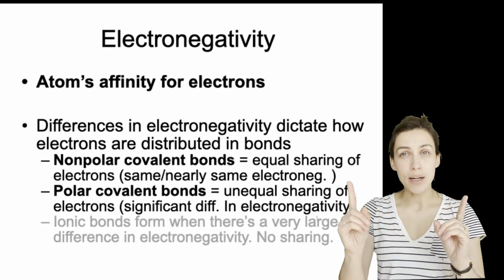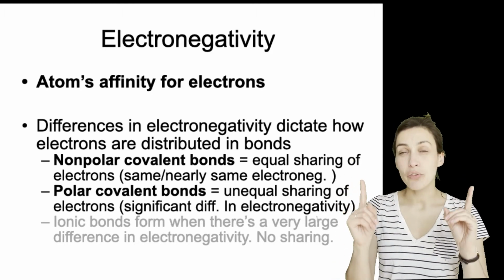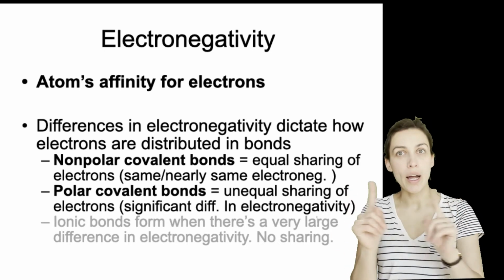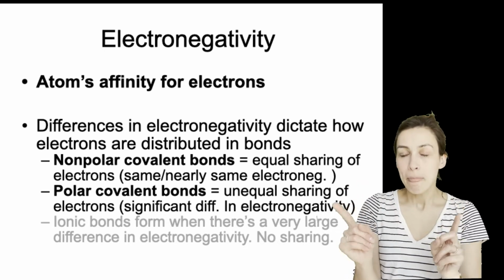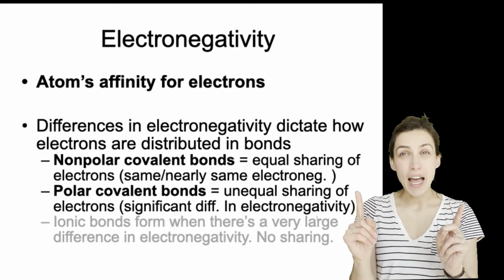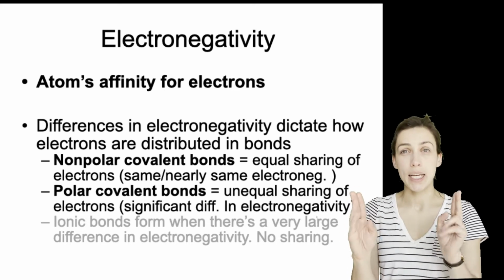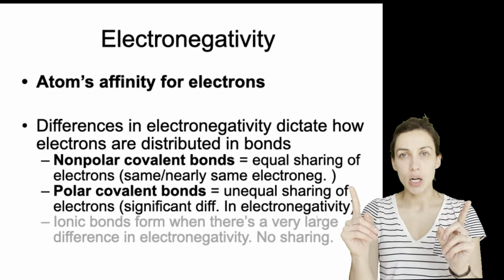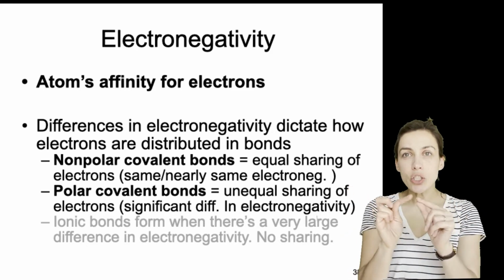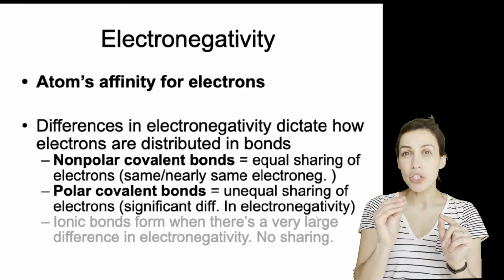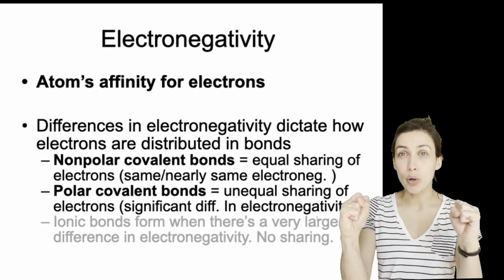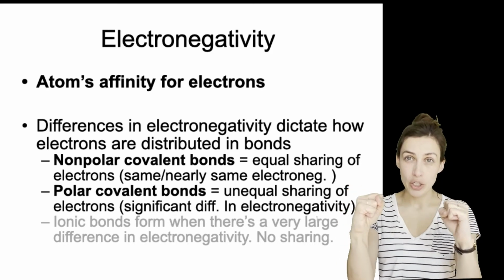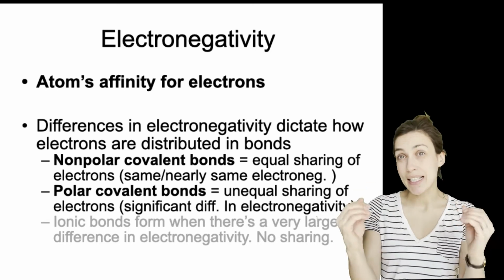If those two atoms are atoms of the same element, like two hydrogens or two oxygens or two nitrogens, or they are different atoms but have about the same electronegativity, like hydrogen and carbon, then the electrons will be shared evenly, because the strength of the pull of the two different nuclei is the same.